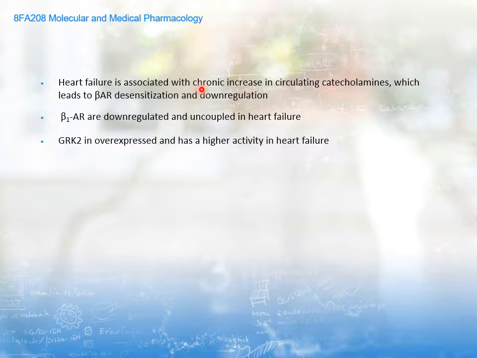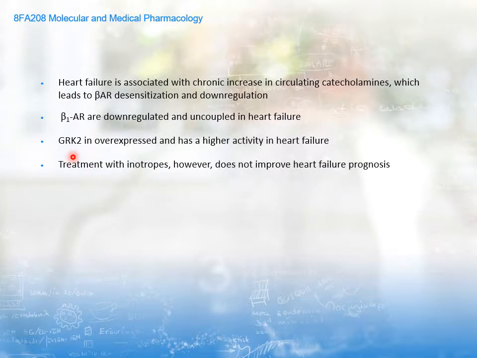We know, as a matter of fact, that beta-1 adrenergic receptors are downregulated and uncoupled in heart failure. In a failing heart, there are fewer adrenergic receptors that are actually working. We also know that GRK2 is overexpressed in heart failure. Remember what GRK2 was? GRK2 is involved in homologous desensitization. It's a kinase that will phosphorylate the beta-adrenergic receptor and trigger a smaller response from it.